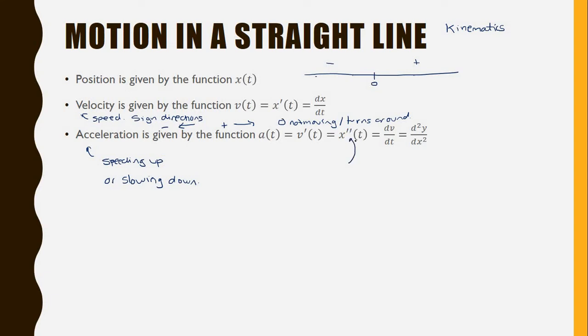When we've got 2 dashes here, it implies that it's the second derivative. That just means that I've differentiated twice. So if I start with position, I differentiate once to get to velocity, I differentiate a second time to get to acceleration. We can also write it in our other format, so acceleration is the derivative of velocity, or it's the second derivative of position. We differentiate twice. Let's see an example together.